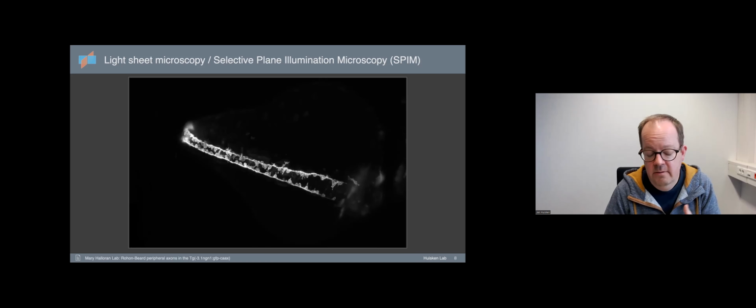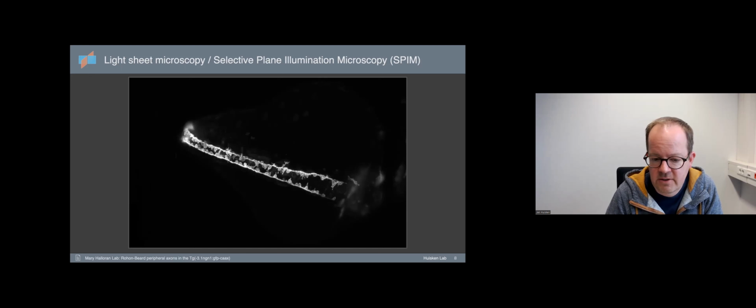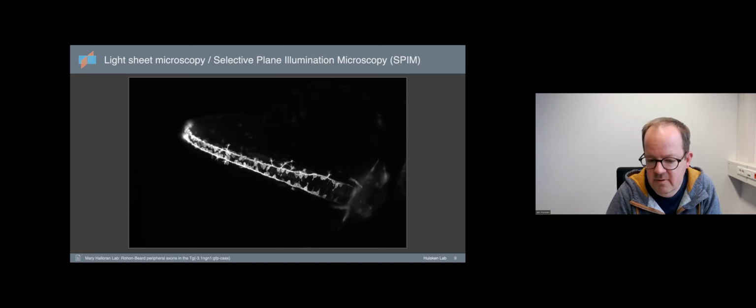So if we jump ahead, and I'll show you just a teaser, a data set that one can acquire routinely, like in this case, in height.